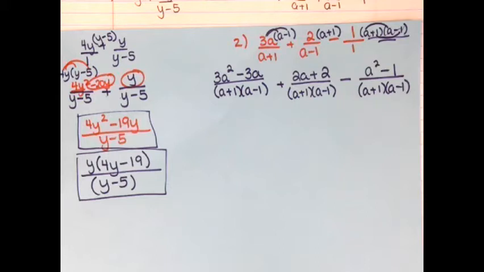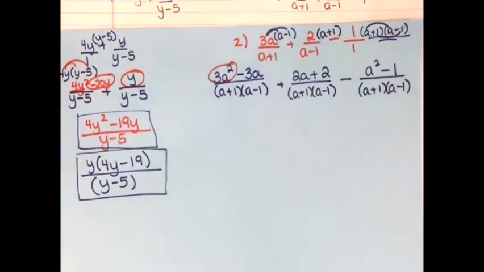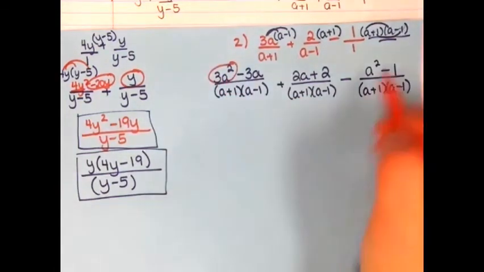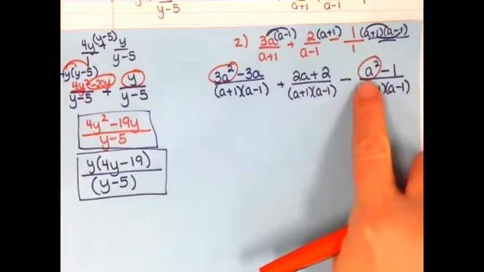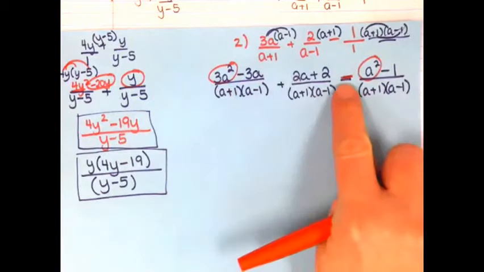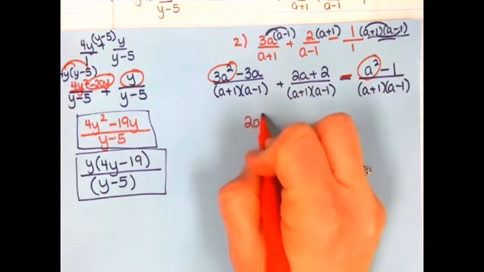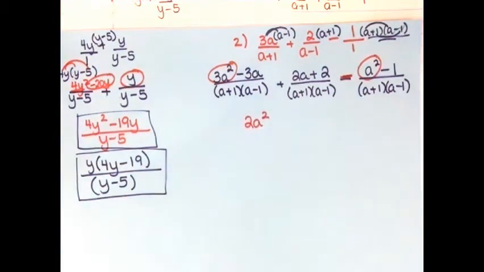Okay. We can go ahead and combine like terms, okay? 3a squared, can I combine with anything? A squared. And what are we doing with this a squared? We are subtracting. So what's 3a squared minus 1a squared? 2a squared. Good. Okay. Then we have a negative 3a.